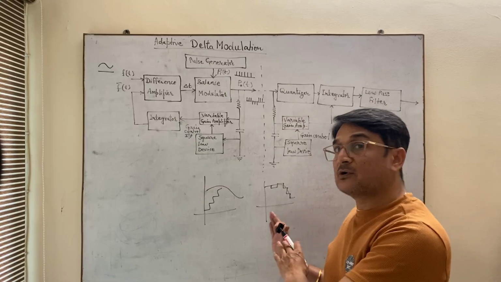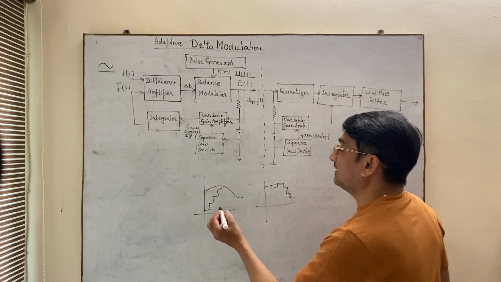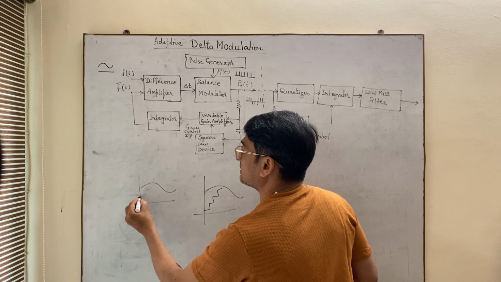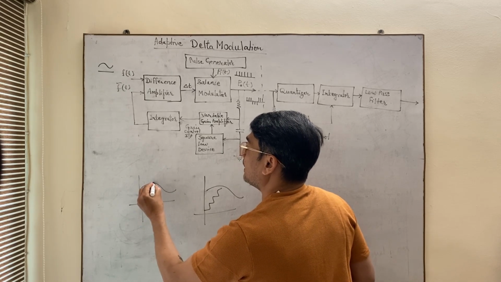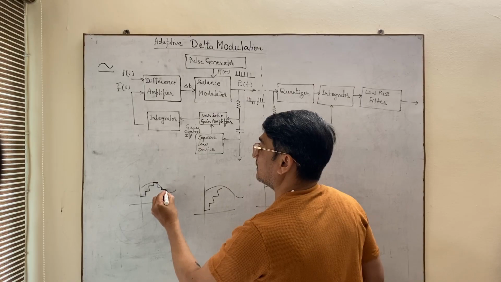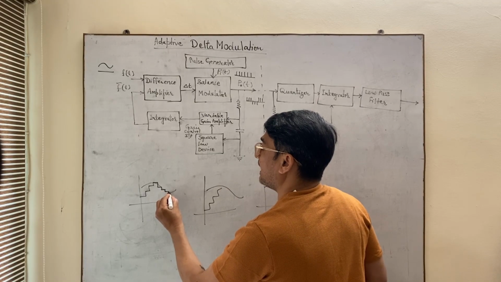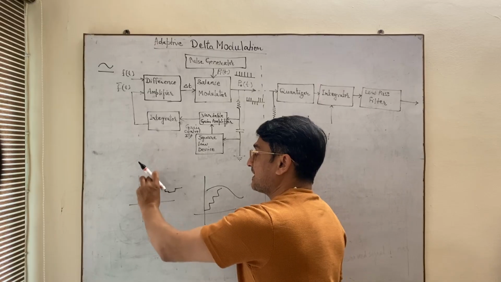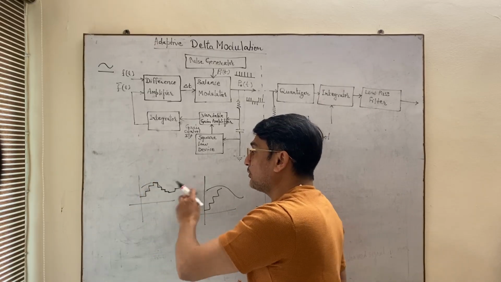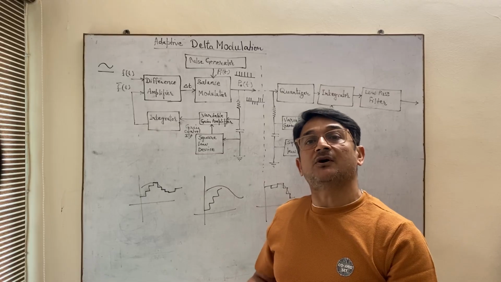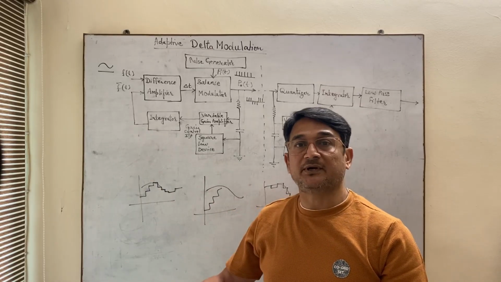So the slope overload condition as well as the granular noise, we can reduce by changing the step size. Now you can see the step size is not uniform, so you can easily recover the waveform or the signal which you have transmitted.